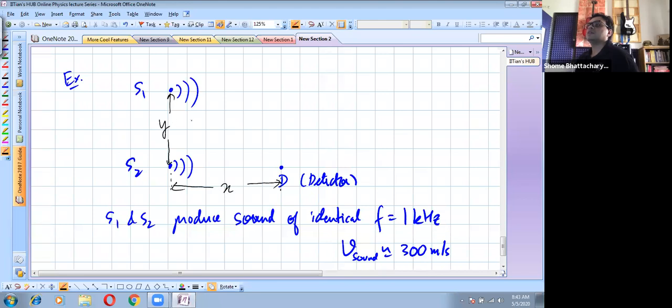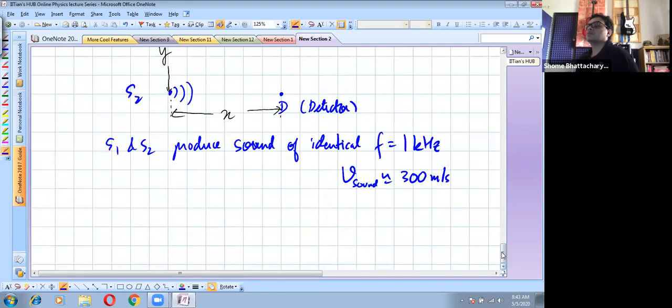X, Y. So suppose the Y is given as 60 centimeters and X is given as 80 centimeters.